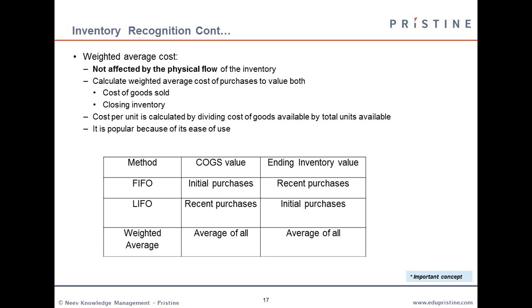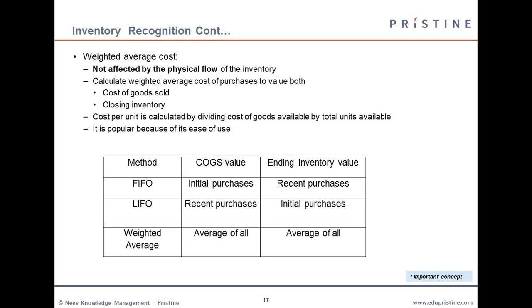Now you sold 7 goods. Say at a later stage you purchased 5 more goods at $15. Then what you do is, anyway we'll have an example to illustrate this. This method is actually popular because it is very easy to use. The calculations part I'll better explain using the example that we have next.